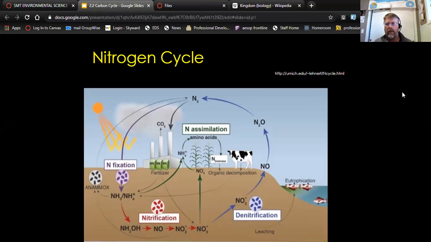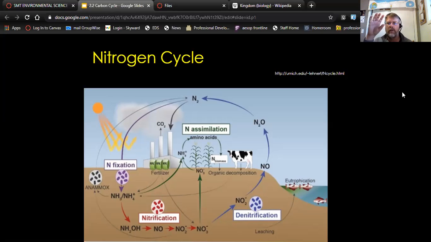Okay, so then those nitrates come up and enter into the plant's roots, or the fertilizer company digs it up and turns it into fertilizer. And then the plants can use those ammonias and nitrates to grow and to make amino acids and all the things that we want when we eat plants, or cows want when cows eat plants.